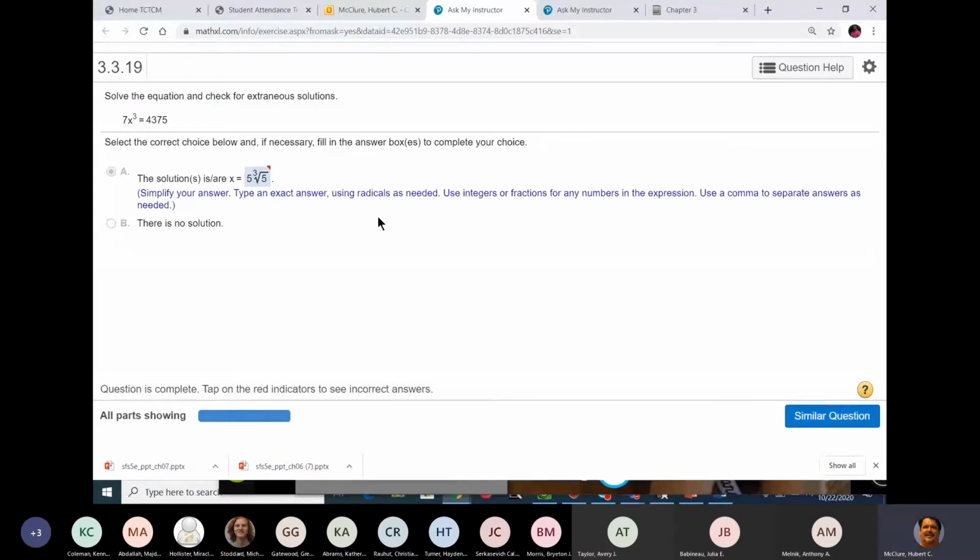And then the cube root of 125 is 5. So the cube root of 125 times the cube root of 5, and the cube root of 125 is 5, gives 5 times the cube root of 5.